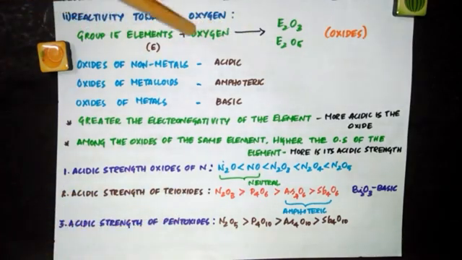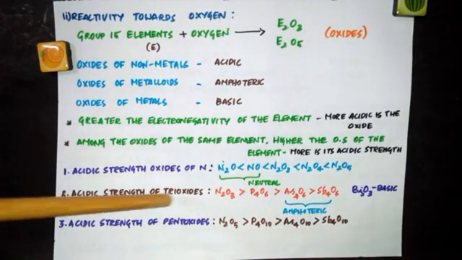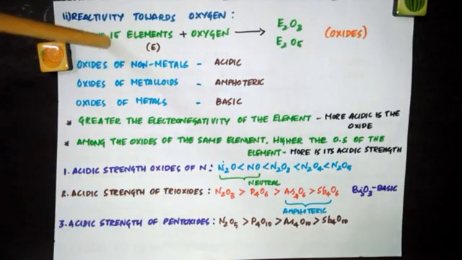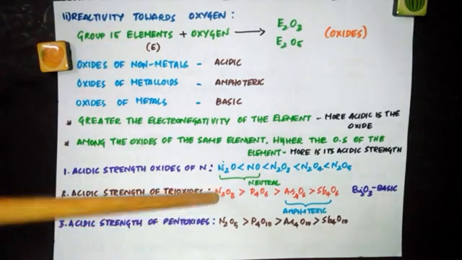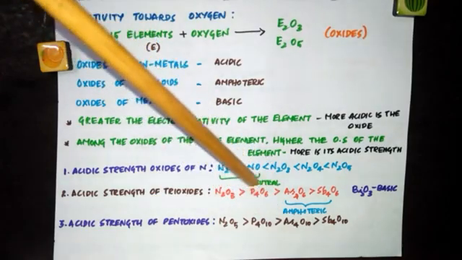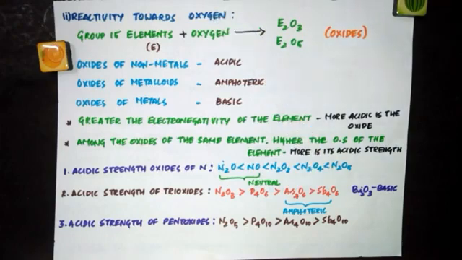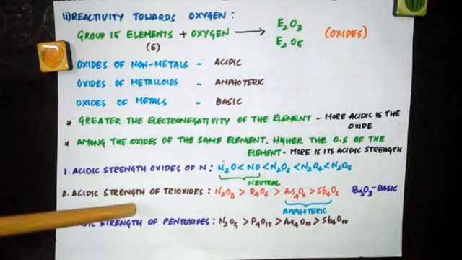Next, acidic strength of trioxides. I told you group 15 elements, when they react with oxygen, form trioxides and pentoxides. Now we are going to compare the acidic strength of trioxides of group 15 elements. So we have N2O3, P2O3, which will be dimerized to give P4O6, As4O6, Sb4O6.